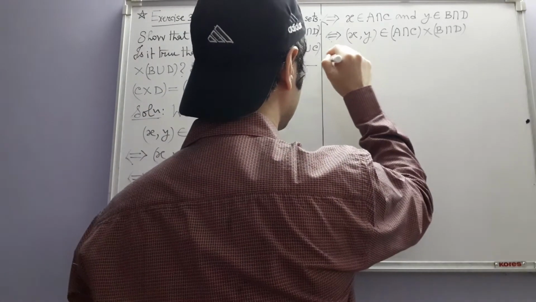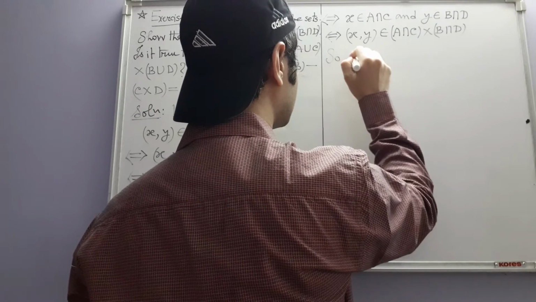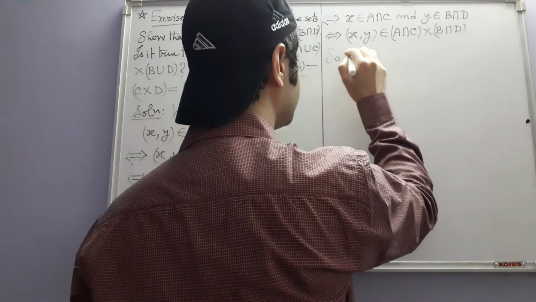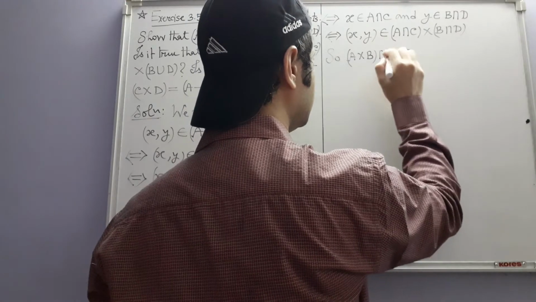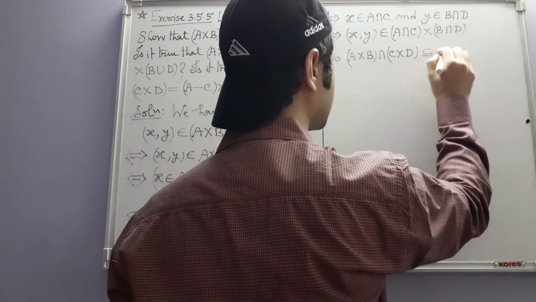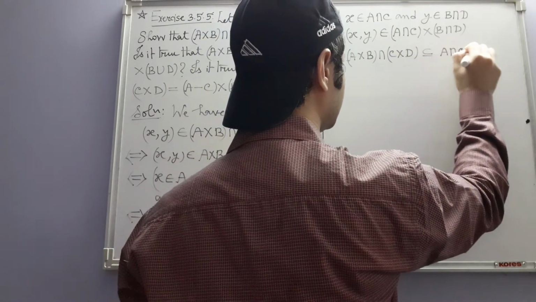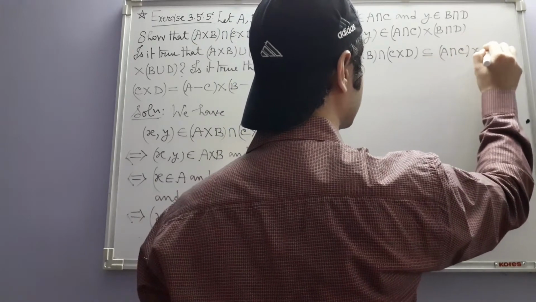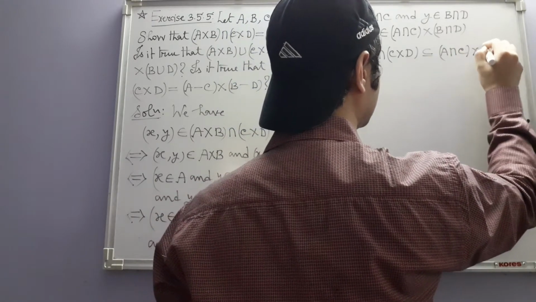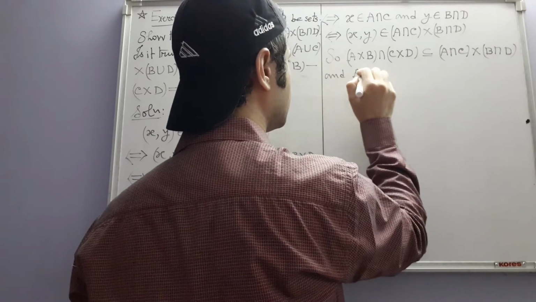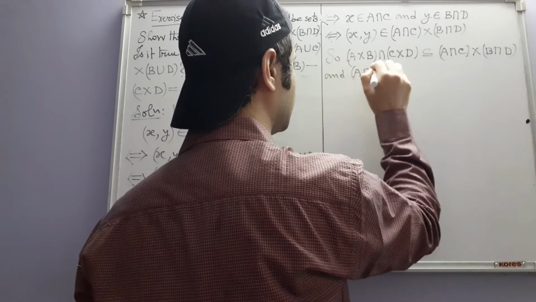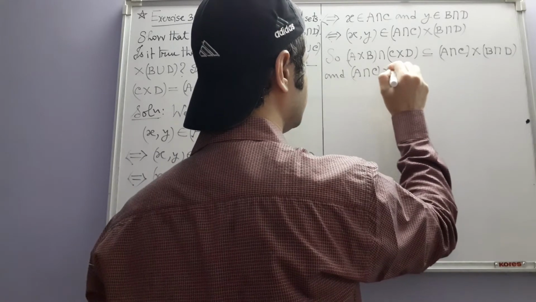So A cross B intersection C cross D is a subset of A intersection C cross B intersection D, and the reverse inclusion is also true.